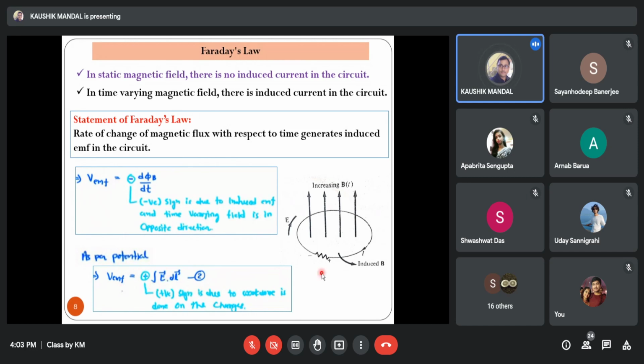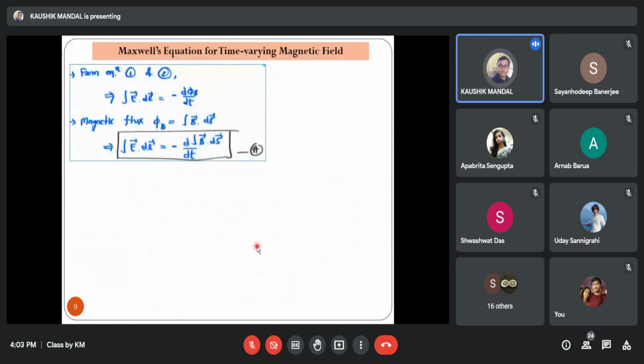Now if you compare these two equations, equation 1 and 2, we can write that the integration of E dot dl equals minus d phi b dt. Basically, when we compare these two equations, we will get the Maxwell's equation for time varying magnetic field.